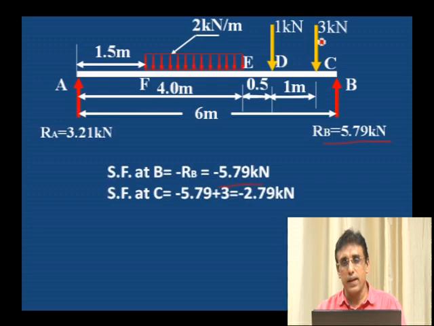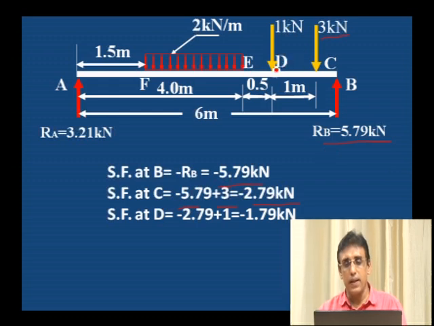Shear force at C is minus 5.79 plus 3 kilonewton downward load. Because the downward load is taken as positive, minus 5.79 plus 3 is equal to minus 2.79 kilonewton, the shear force at C.